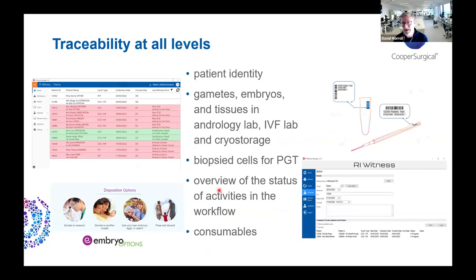But we should also add in traceability at all levels. So not just patient identity and their material going through the andrology, embryology and cryostorage areas, but we should also think about biopsied cells for PGT, consumables, equipment, and so on.